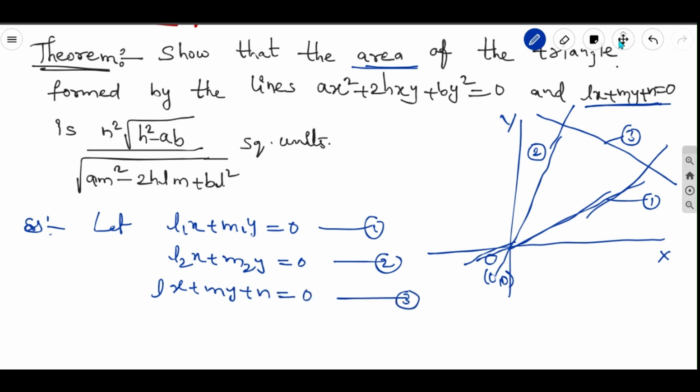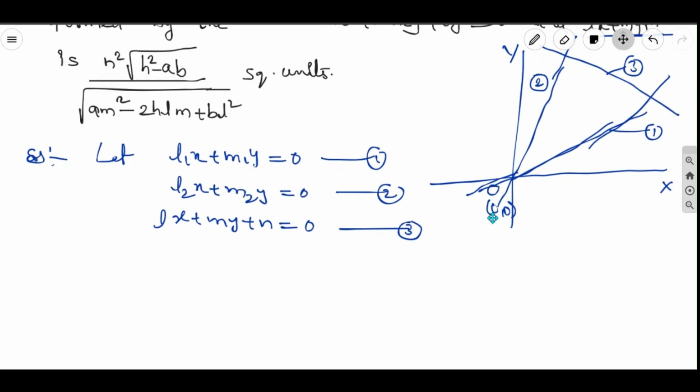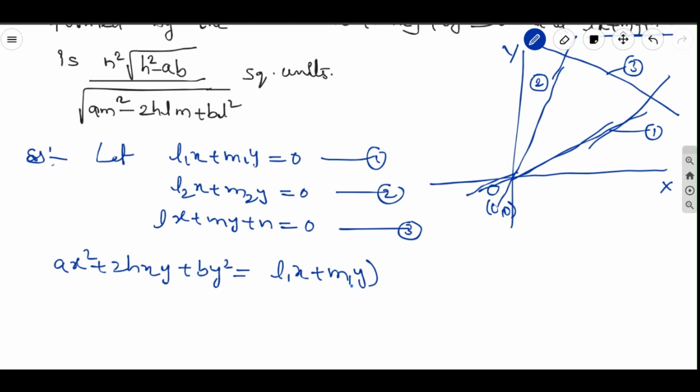Here we know that ax² + 2hxy + by² equals the product of the pair of straight lines, (L1x + M1y)(L2x + M2y).